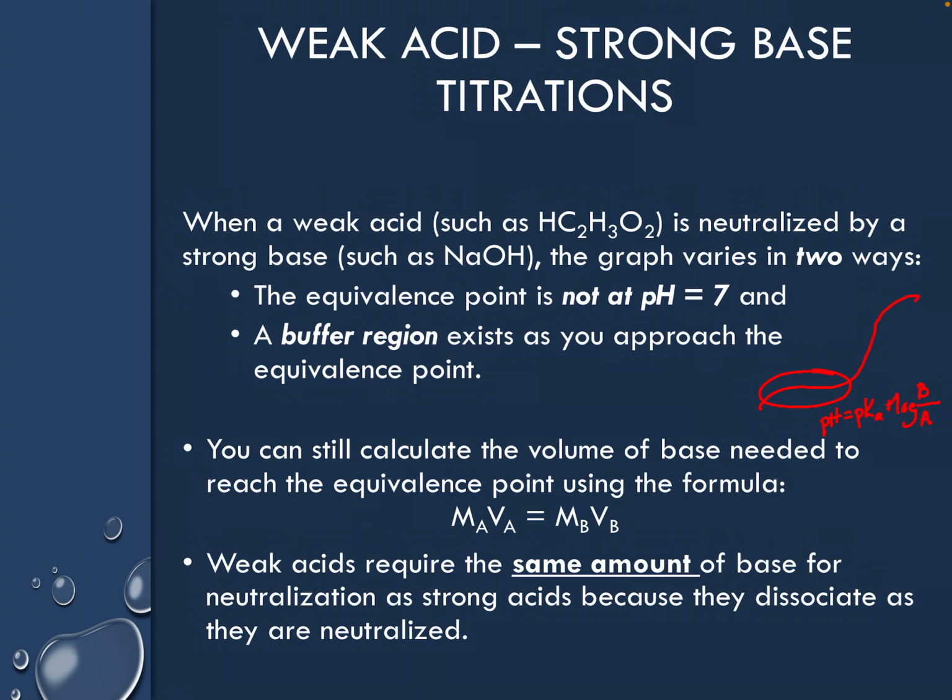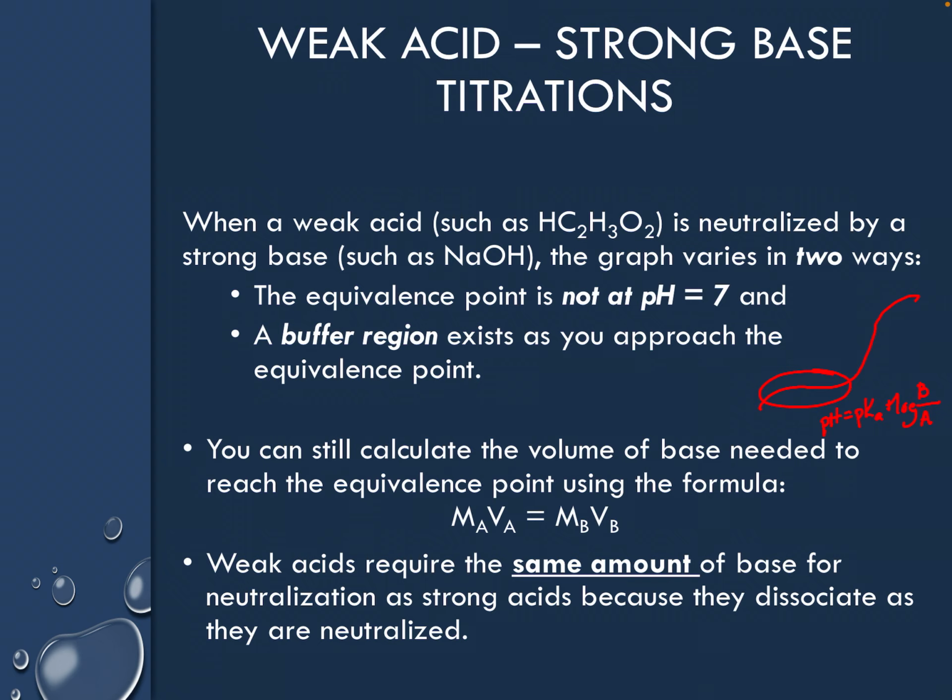We can still calculate the volume of the base that we need to reach the equivalence point using that equation there, MAVA equals MBVB. But again, make sure that you are using this only for things that react in a 1-to-1 ratio. Otherwise, you're going to need to do that through dimensional analysis and stoichiometry.